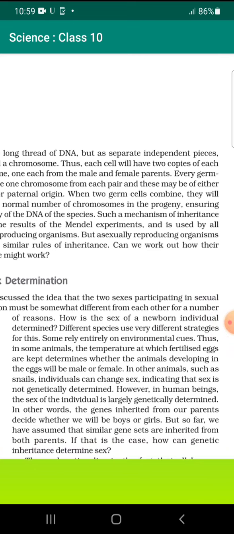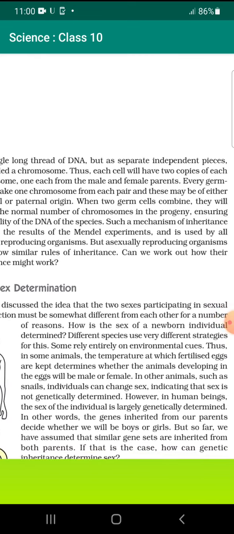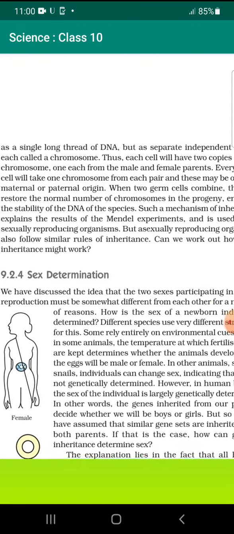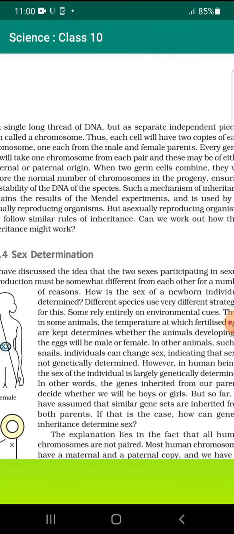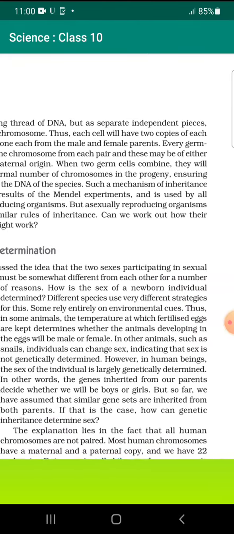Thus, each cell will have two copies of each chromosome, one each from the male and female parents.